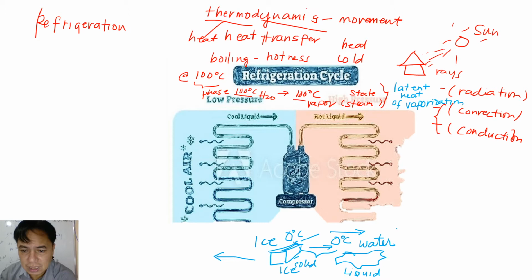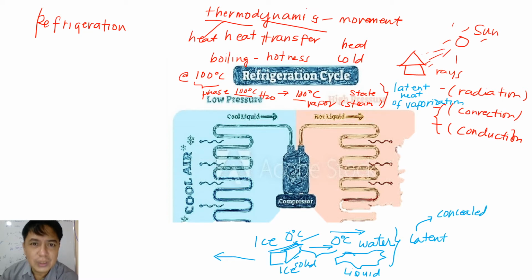So that is what we call latent. By the way, what is latent? The literal meaning of latent is concealed, nakatago. As I told you, when you study engineering, you should study English, because the medium of communication used in engineering, especially in the Philippines and other countries, is English.